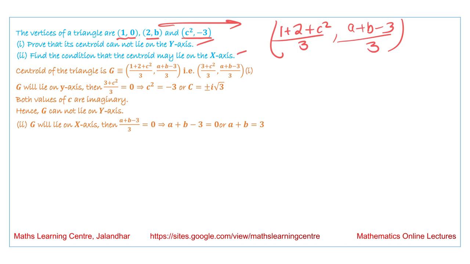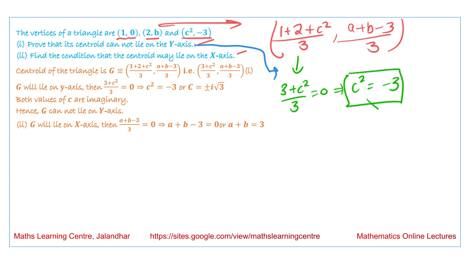If the centroid has to lie on the y-axis, then this part should be 0. So we are getting (3 plus c square) by 3 should be 0. So this implies that c square should be equal to minus 3. And for the real plane, this is not possible. So the centroid cannot lie on the y-axis.